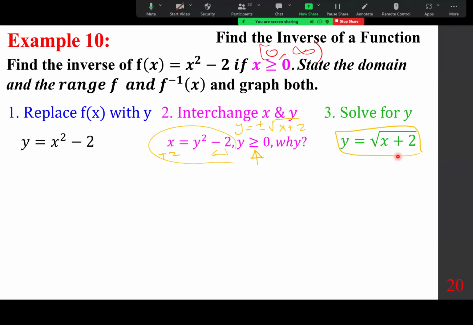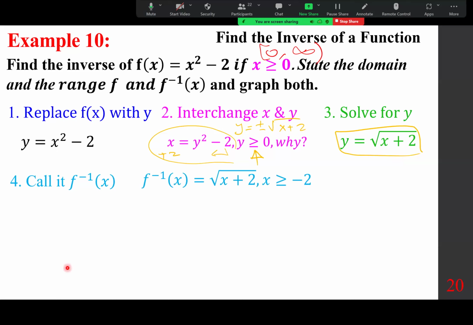However we solve for y, we give it a name, f inverse, and therefore f inverse of x is the square root of x plus 2. And x must be greater than or equal to negative 2. Why is that?